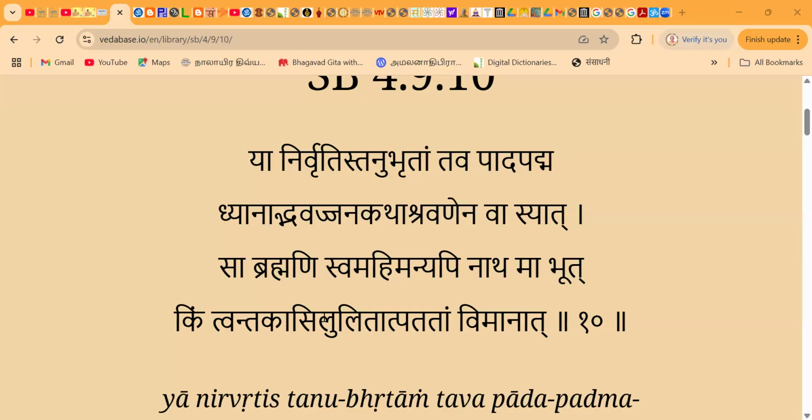But even then, the Brahman happiness, the happiness in Kaivalya Mukti, is much inferior to the happiness from devotional service. Happiness in devotional service is never available in Kaivalya Mukti. So therefore, Brahman is understood to be the great aspect of Bhagavan.